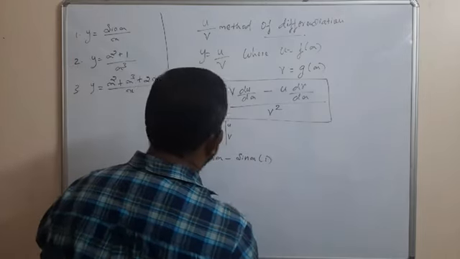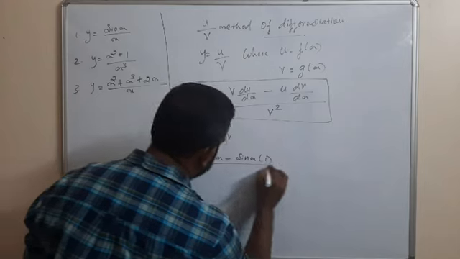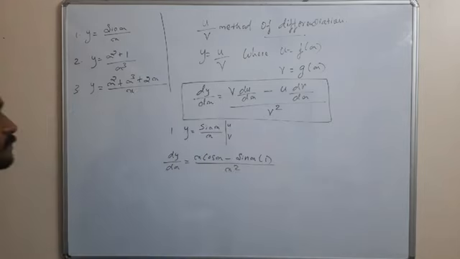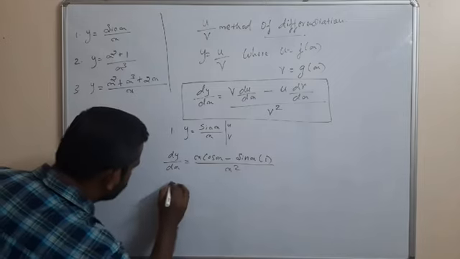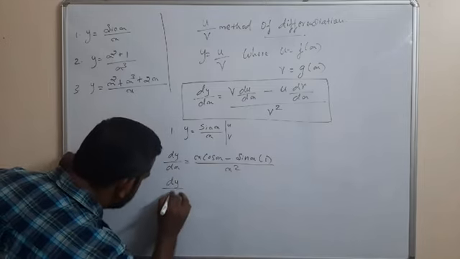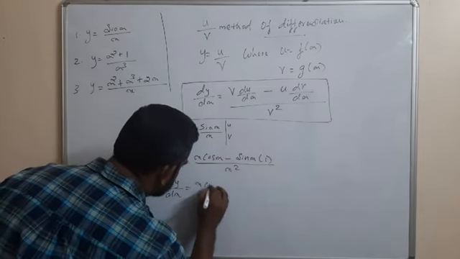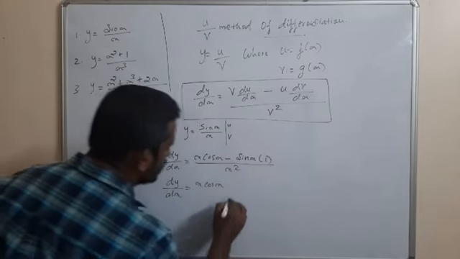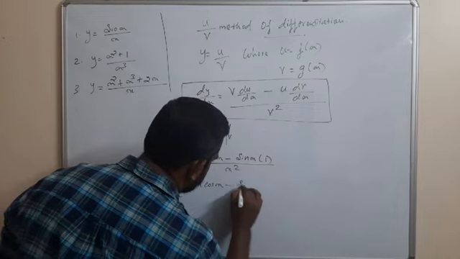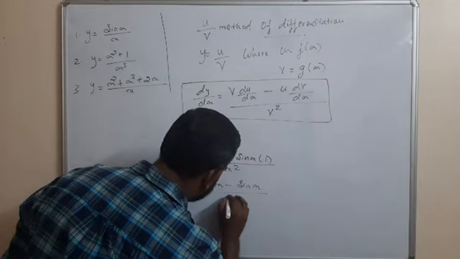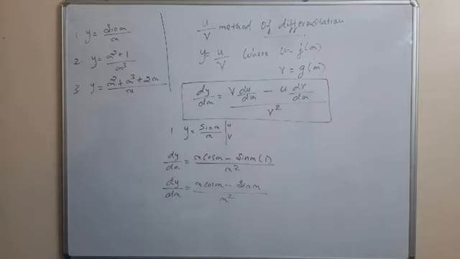That is 1, the whole divided by v square, that is x square. Therefore dy by dx equal to x cos x minus sin x divided by x square.